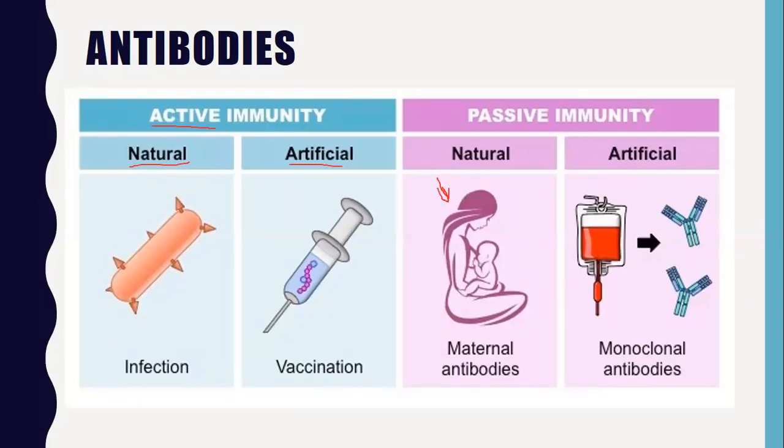One thing that we see done is that blood can be taken from someone who is already immune to something and then spun down to get the part with the antibodies, the serum. And then the serum is given to a person so that they can have that immunity.